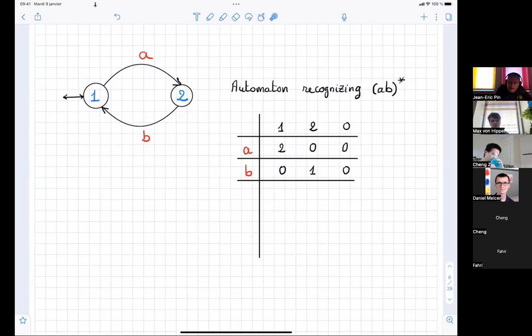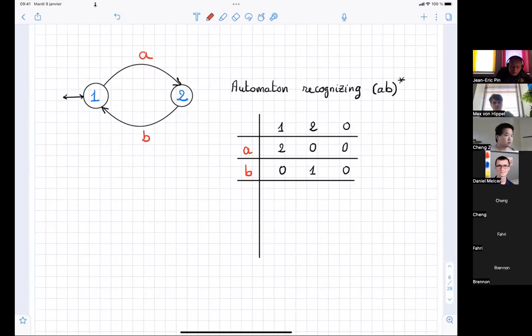Okay. So now I want to compose from this table, and I want to do this for all words. So first of all, let me start with the empty word. The empty word is considered as the identity. It has the identity on the states. So if you start from 1, you stay in 1. If you start from 2, you stay in 2.